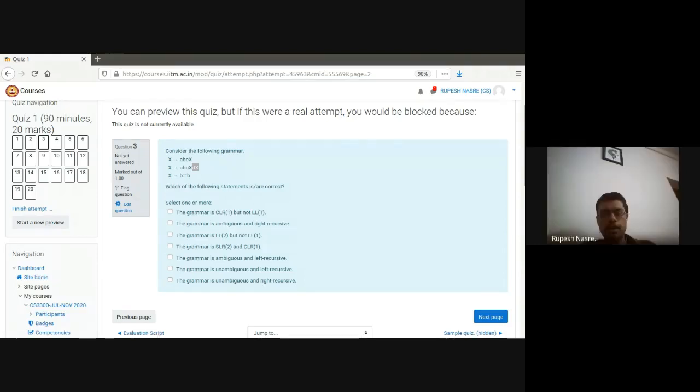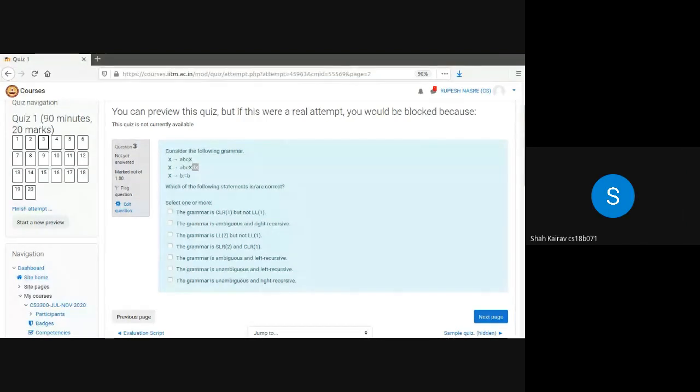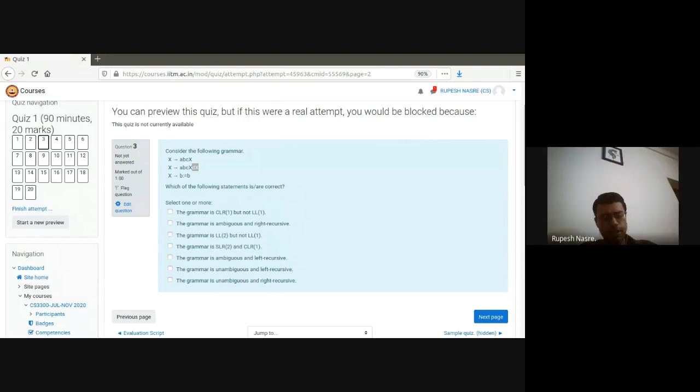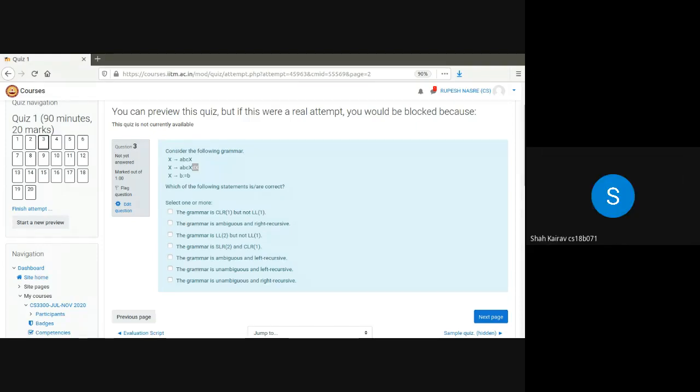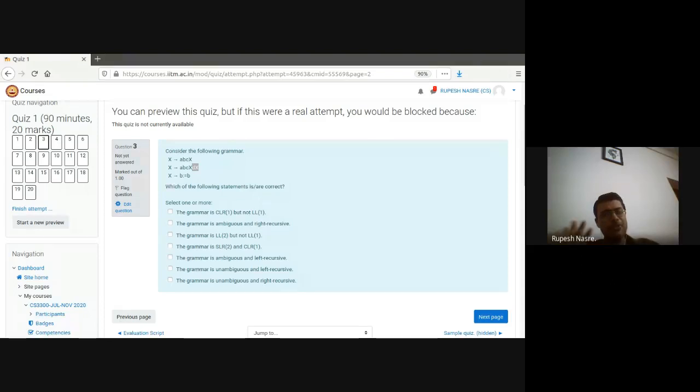Sir, just to clarify, if the language is inherently ambiguous, we cannot use any parsing technique to parse that language, right? Any LL and LR parsing techniques. LL and LR, yeah, I don't know of the others. But I don't know if there are any other additional methods which one can use.